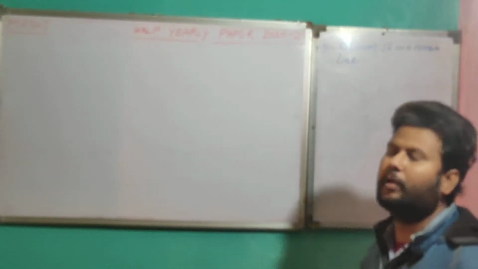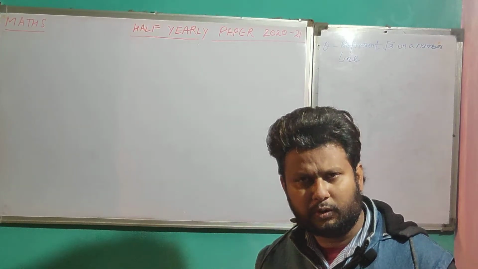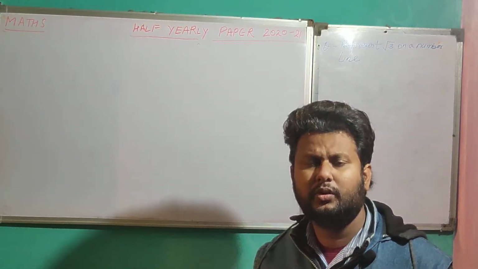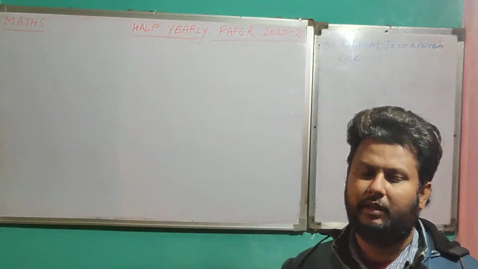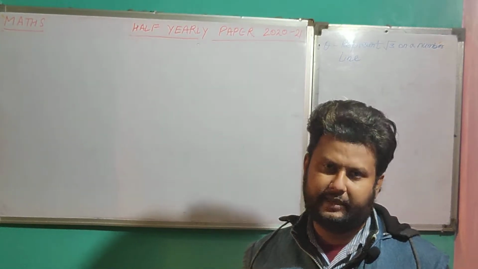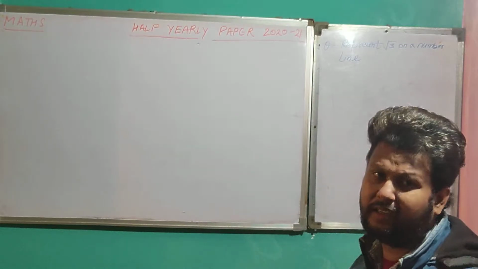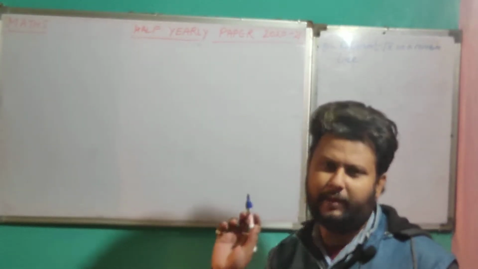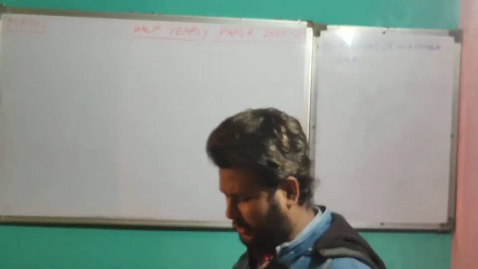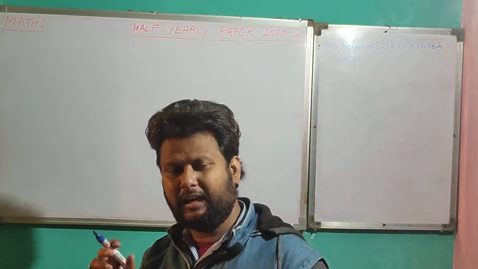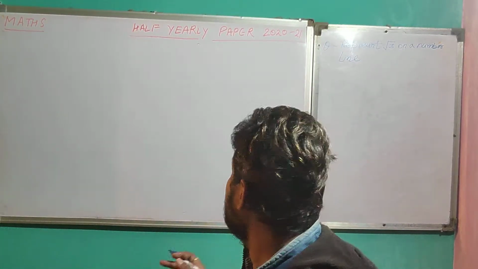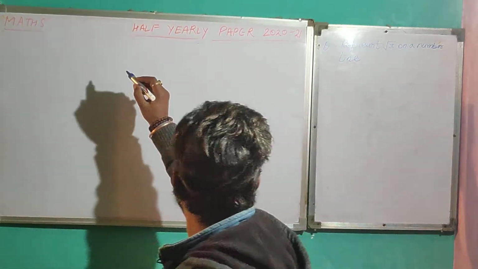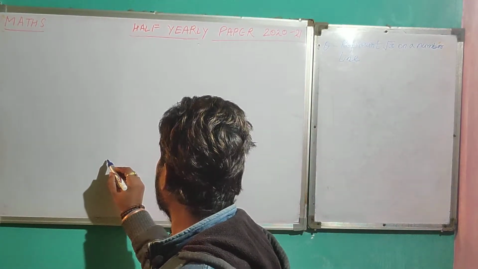We have to represent root 3 on a number line. This is a very good geometrical question, and for solving this question we need pencil, rubber, scale, protractor, compass. There are different geometrical instruments we need for solving this question. Okay, but I am going to do this question simply with my marker and my board. So it will be a little bit difficult for you to understand, but try to understand as much as you can. Okay. So first of all, we will draw a number line.